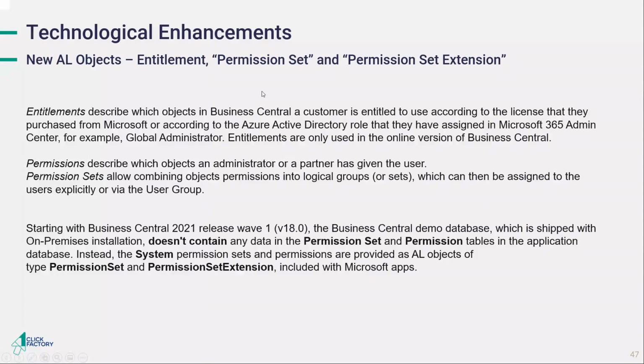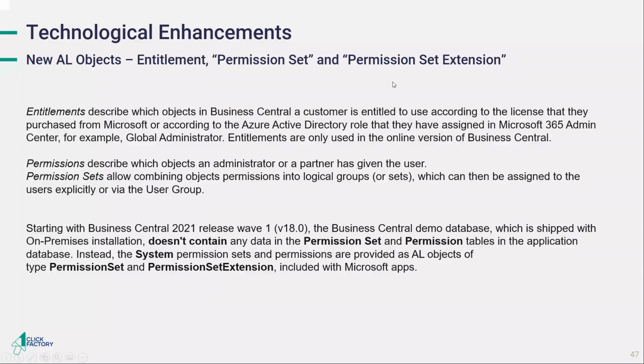And it's also the same with the permission set. Permissions describe which objects different users can use. You can add those permission sets by each user, user groups, and so on. And now this permission set data is exported to new AL objects, which are also named permission sets.